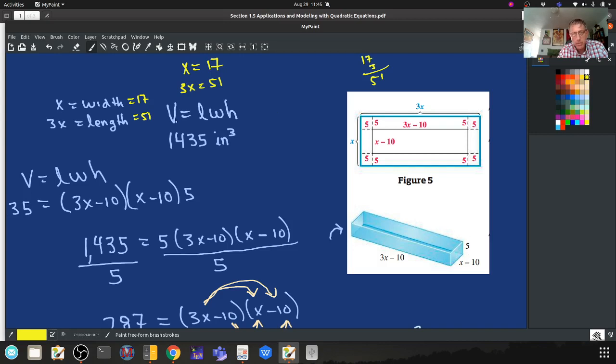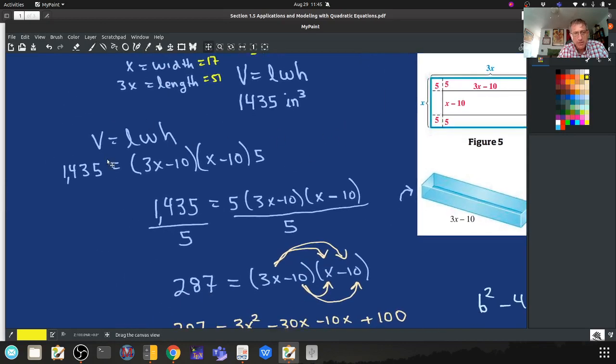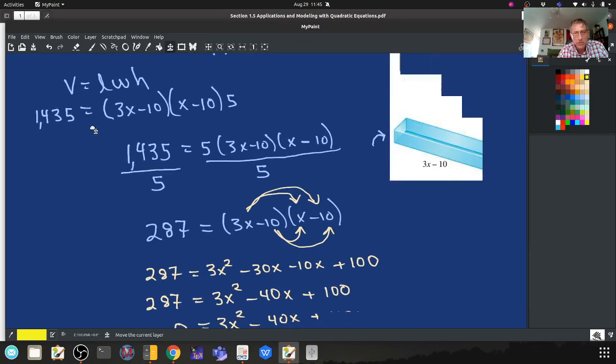Since we want the volume to be 1,435 cubic inches, I go ahead and plug those numbers in. Volume is equal to length times width times height. Volume's given, and from the picture I get my length, width, and height.